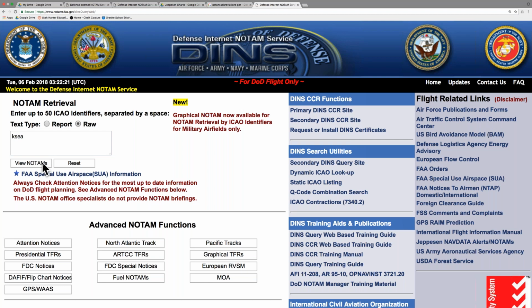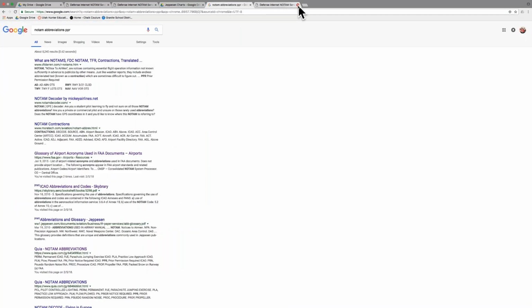I just want you guys to start going through and trying to decode them. If you don't understand what something is supposed to be saying, look up the NOTAM abbreviations and just kind of figure it out. We're going to give you the basics here, but we can't teach you every single NOTAM code. You wouldn't be able to remember every single NOTAM code if you wanted to.